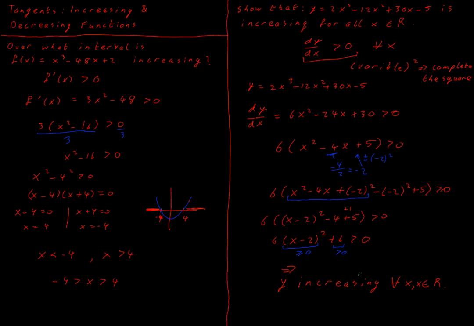Now, just to highlight that link again, this is basically identical to when we would be asked to do proofs of inequalities in algebraic work. So this is essentially the same question phrased in a different way, where we have to do a bit of differentiation first. But it's exactly the same idea as we would have covered when we were looking at proofs of inequalities. And that is what we need for looking at tangents and increasing and decreasing functions.